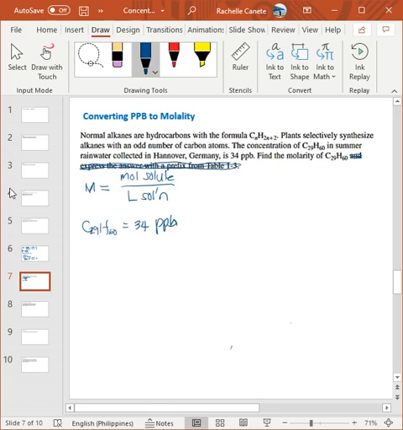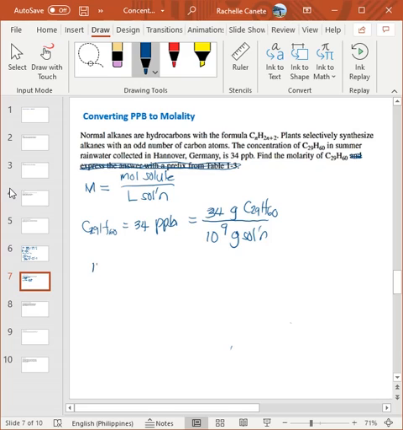And we know that ppb means there must be 34 grams of C29H60 in every 10 to the 9 grams of solution. Or, since 10 to the 9 is equal to nano, that's a nano unit.